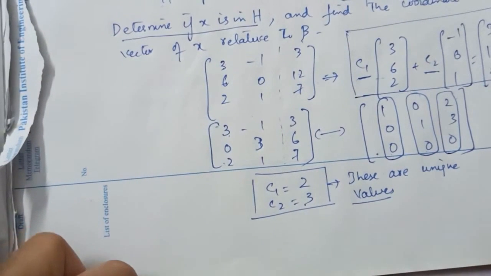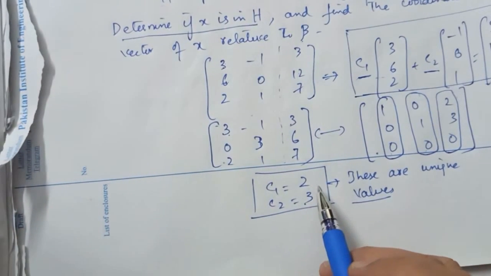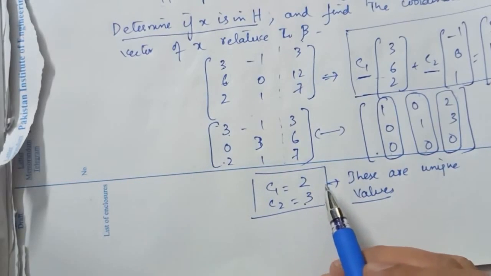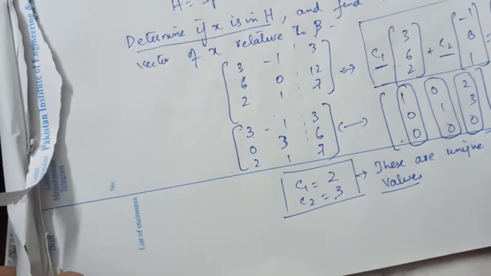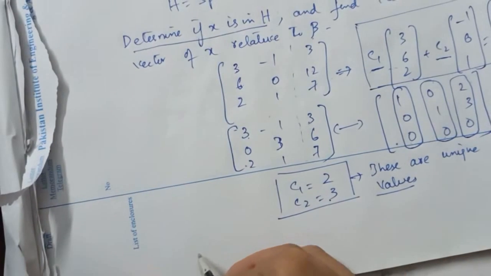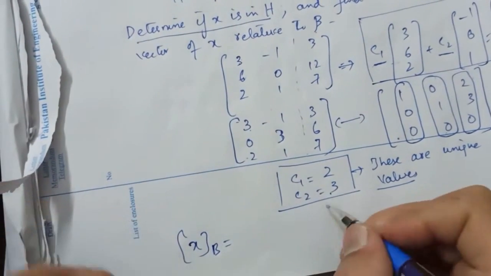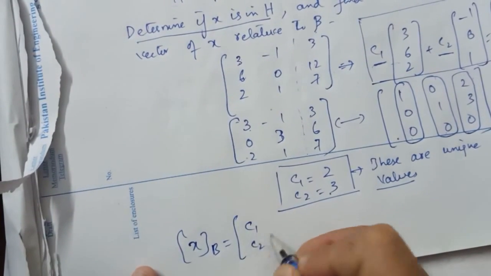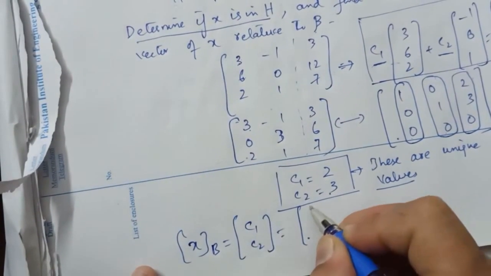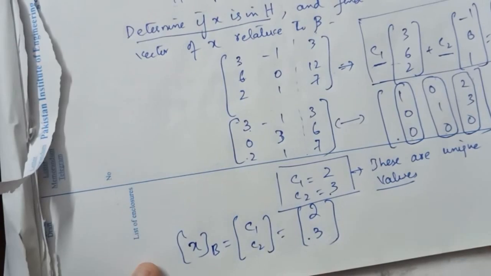Now the second part is we have to find the coordinate vector of x relative to B. The coordinate vector of x relative to B, x of B, is nothing but these coefficients, c1 and c2, which are equal to 2 and 3.